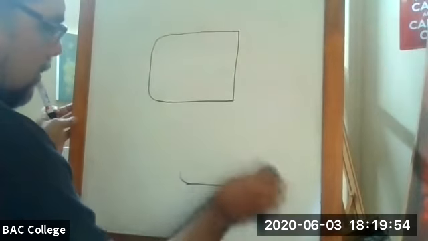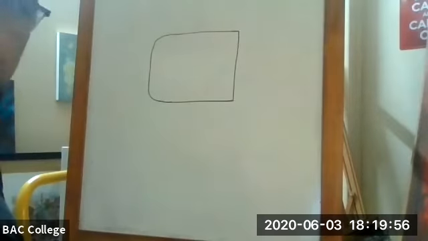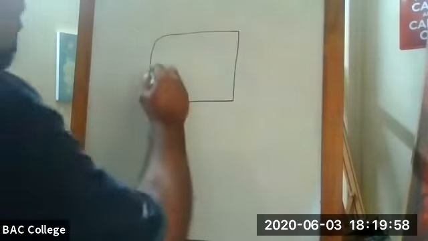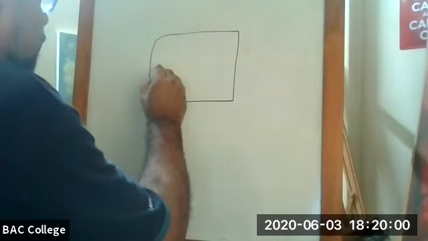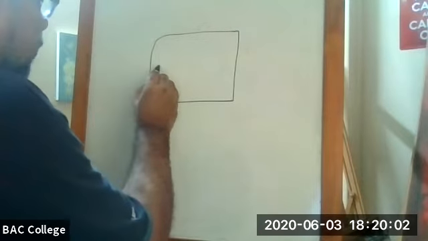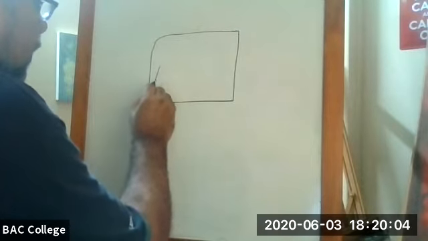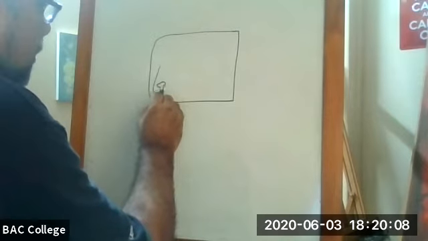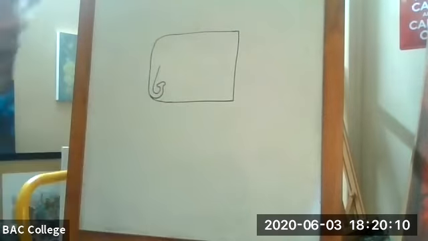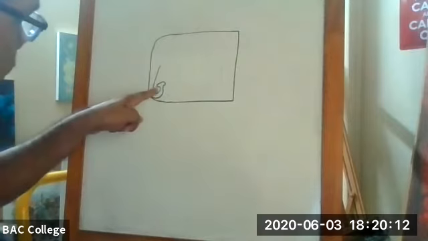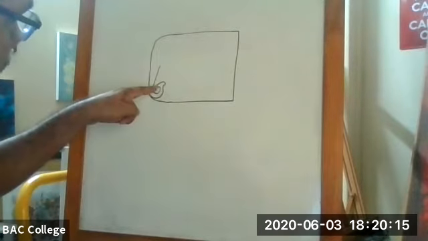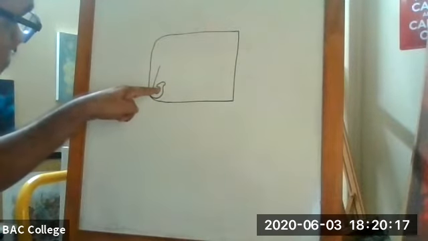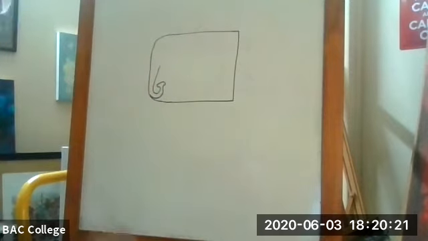Once you have done that, from half point here, you go in and then you come out, as long as you have the edge of the trunk coming out a little bit like this, and then it goes back in.